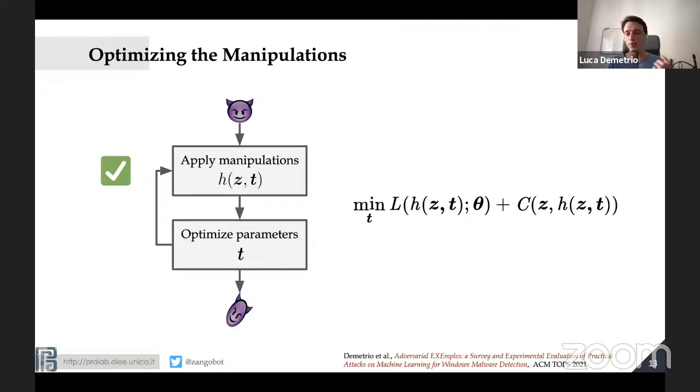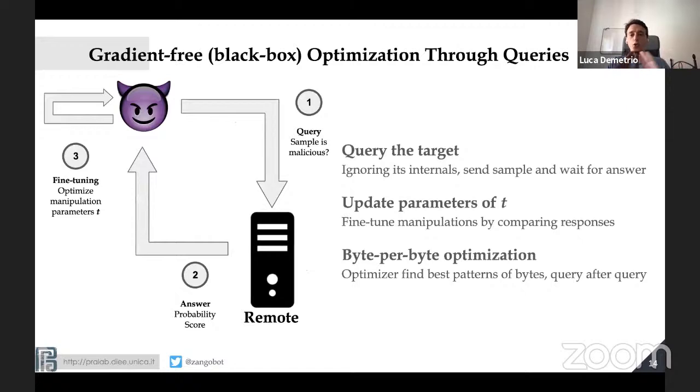And now there is the second part of the framework, that is how we optimize these guys, I mean, how we optimize the bytes we're going to inject inside the malware. So the very, very super naive thing you can do is query the model with a gradient-free optimization technique, like, let's say, a genetic algorithm. Why?